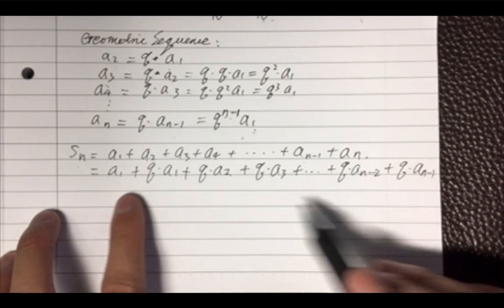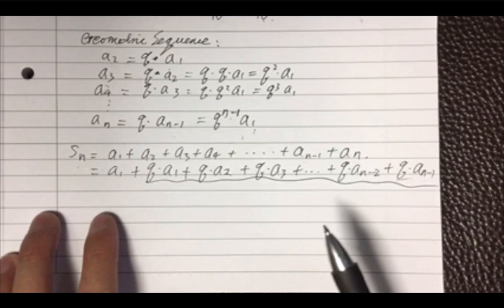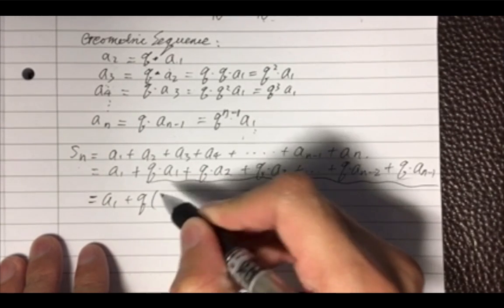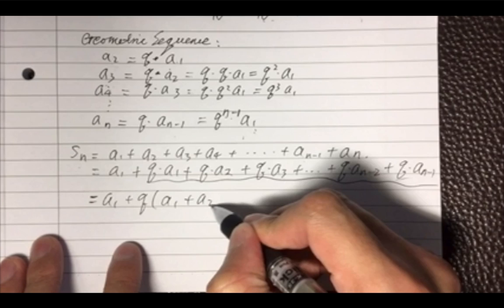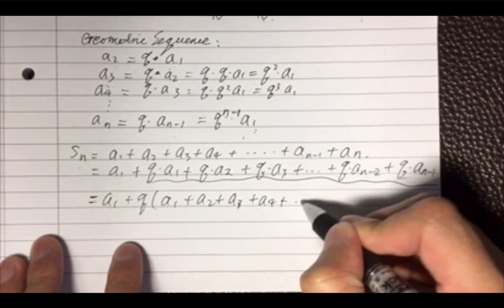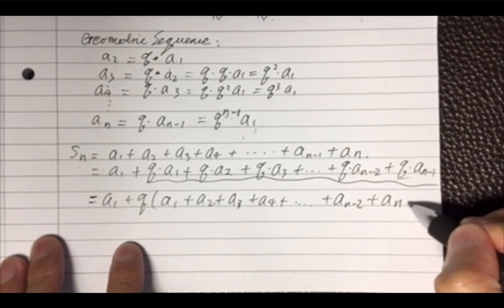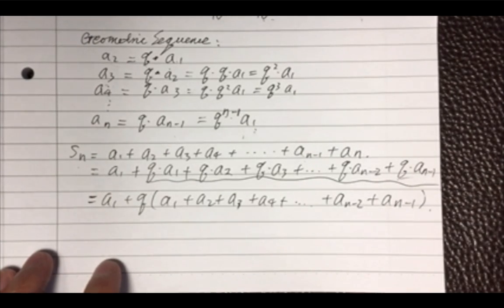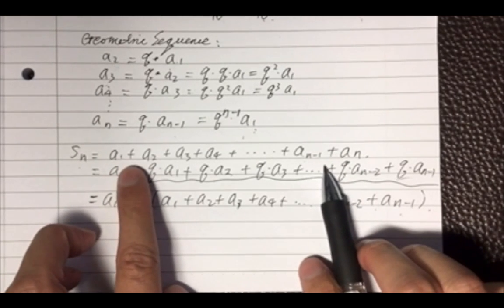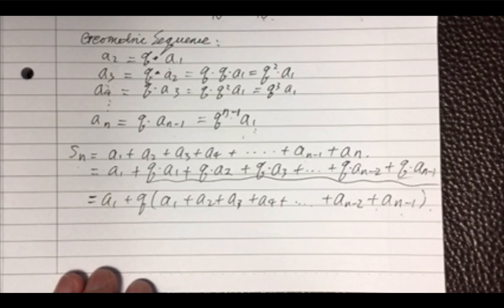So we observe this and we take this q out. It's just a1 plus a2 plus a3 plus a4 plus dot dot dot plus a(n-2) plus a(n-1), right? And it looks so similar to this equation, which is Sn.